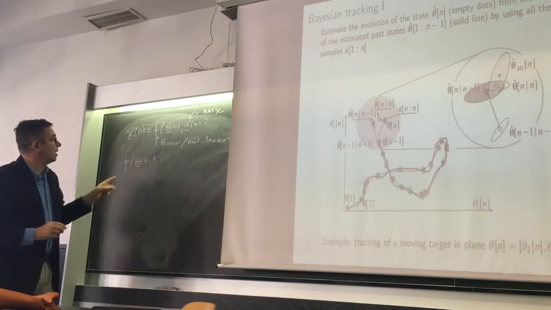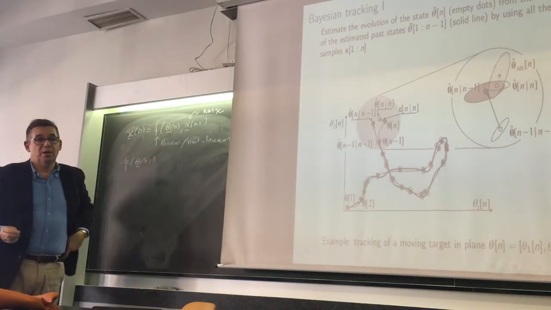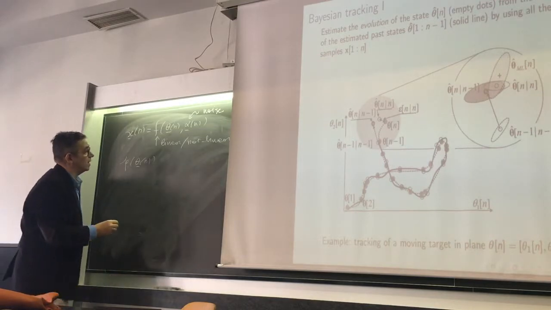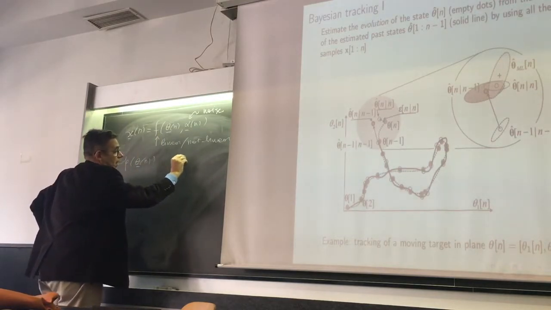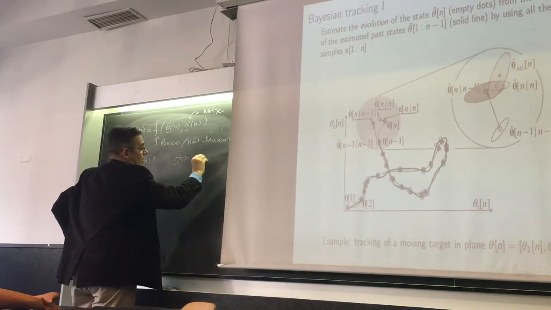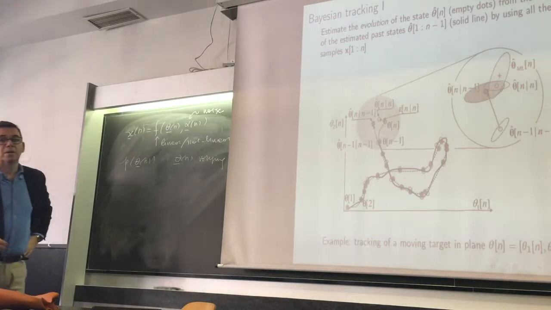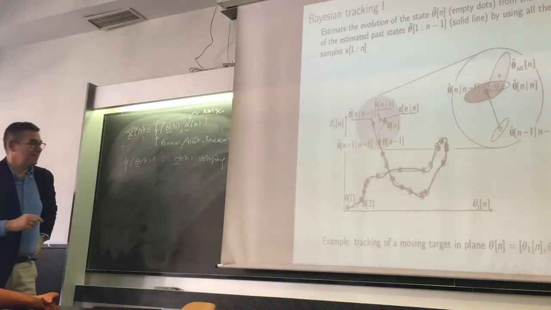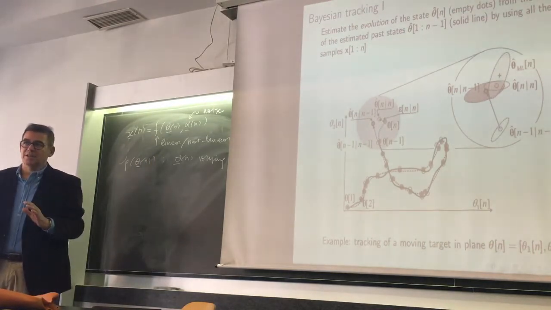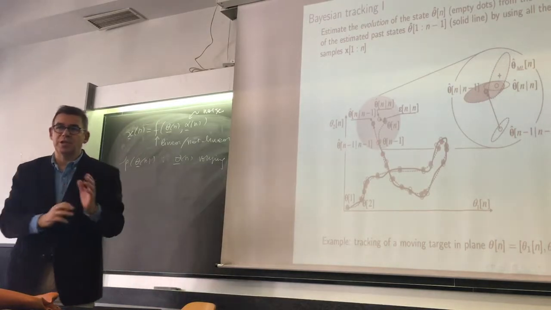Now, what is new here? That I'm introducing the possibility that theta varies. So now the new part is that theta is varying, changing in time. Now you might say, but we saw something like this in adaptive filtering, because in adaptive filtering my parameters were changing.